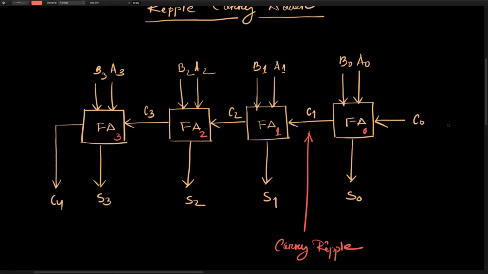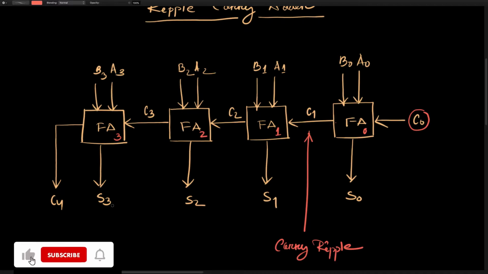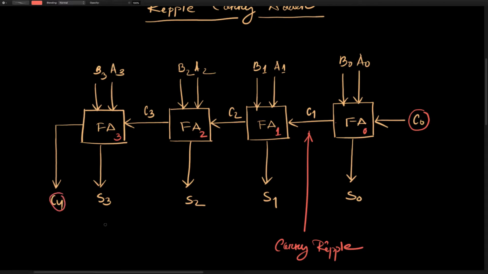But I have used a full adder here for the first bit calculation. c0, a0 and b0 are given, and the summation is s0, and there is a carry output which is fed to the next full adder, which implements the next bit calculation. From there you get the summation s1 and also a carry that is fed to the next one, and from there you find s2 and a carry that is fed to the next full adder, and thereby you find s3 and a carry if there exists an overflow. Thereby you find the summation S of i.